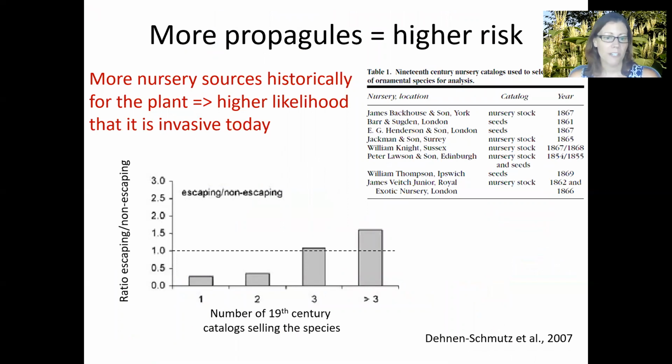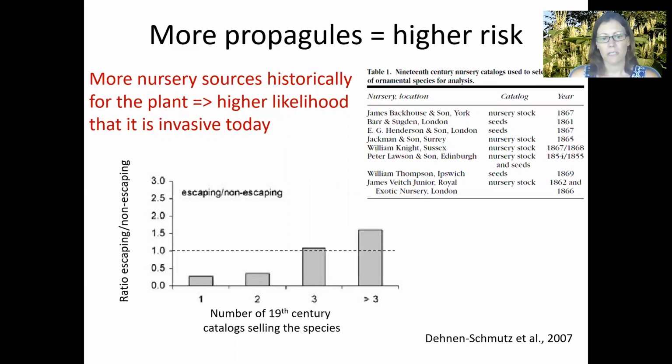That propagule pressure thing is really important. So this is just an example from a paper that looked at historical sales of plants from nursery catalogs, and then the likelihood, relative to the number of sales, that a species became an escapee, so essentially an invasive species.